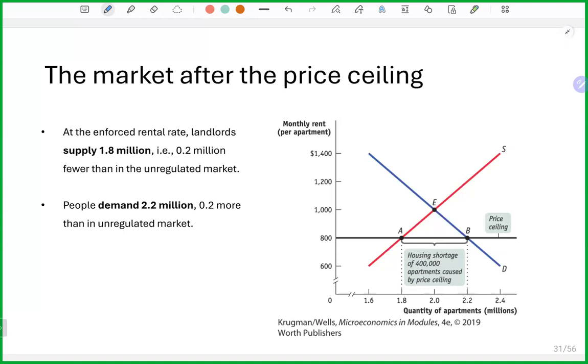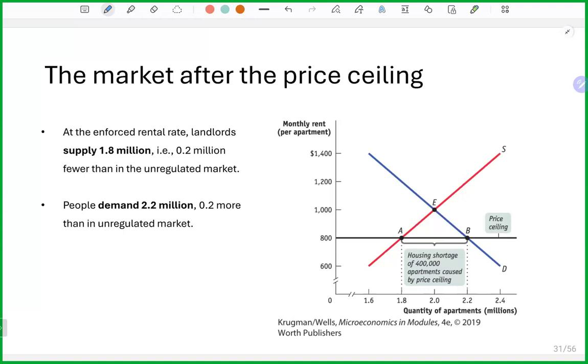Out of 2.2 million, only 1.8 million luckily get a house. If they luckily found a house, then it's a good policy. But we don't know whether we are in this group or that group.